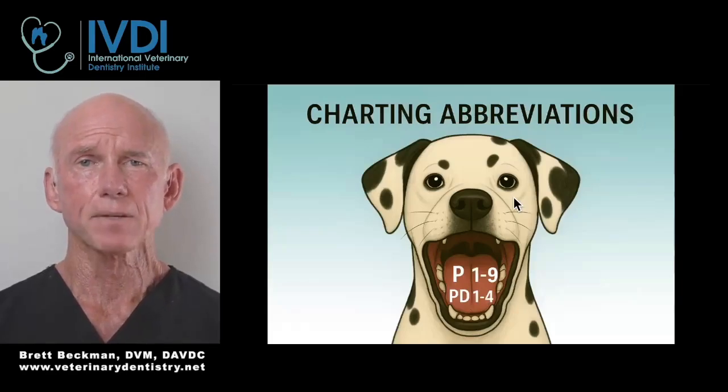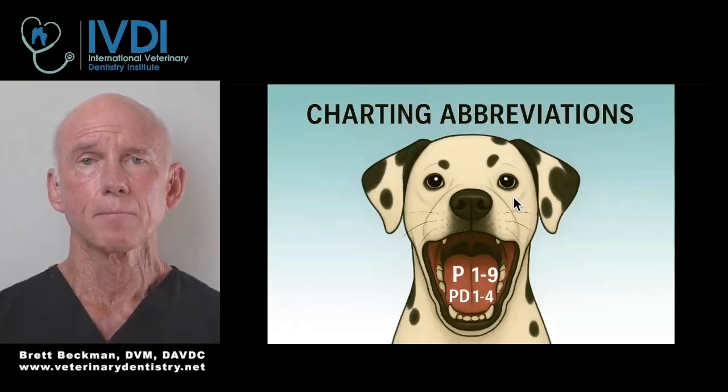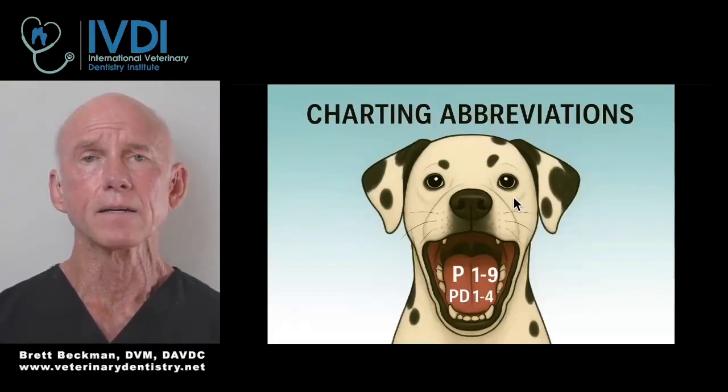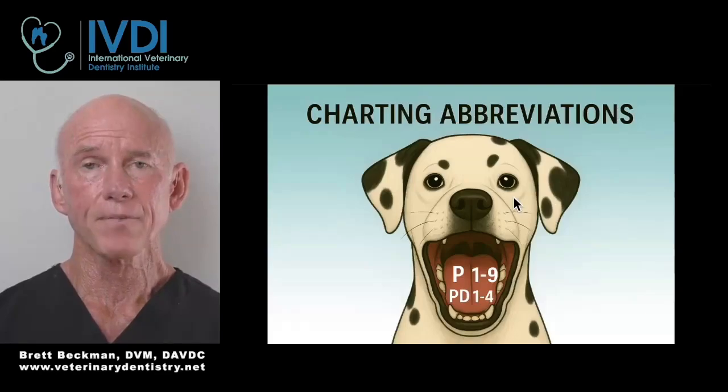And we might have some dramatic differences between the depth of that probing for an individual tooth. So you can certainly justify putting 2 different numbers for a tooth that indicate the periodontal depth of that pocket. But at the same time, we're not probing teeth that we're extracting. There's no reason to do that.